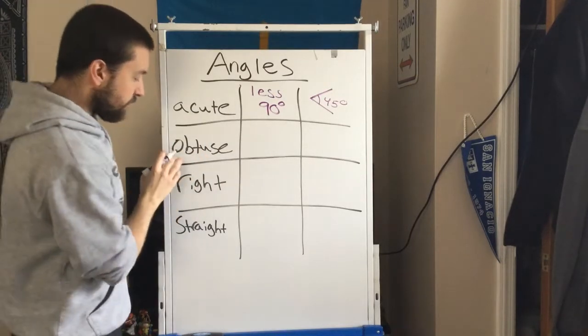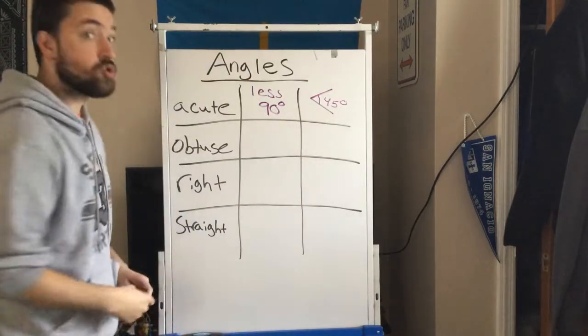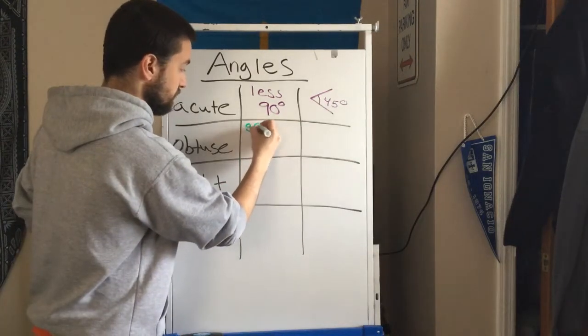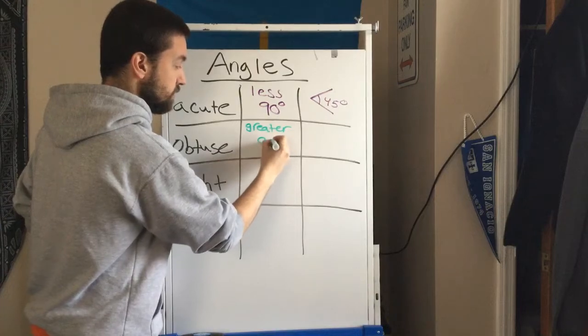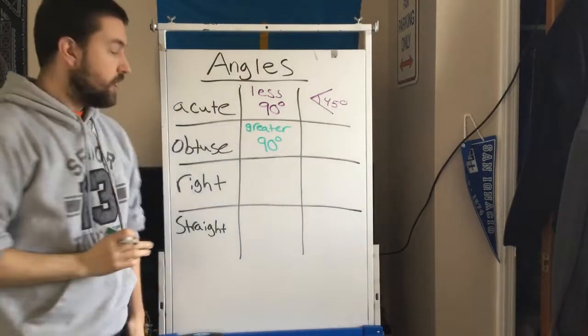Now, our next angle is the obtuse angle. These angles are greater than 90 degrees. These angles are huge.